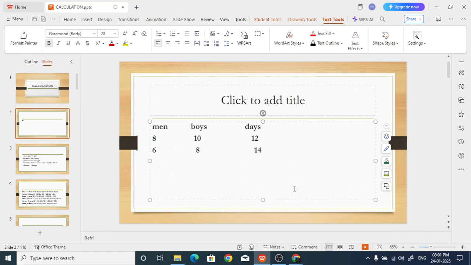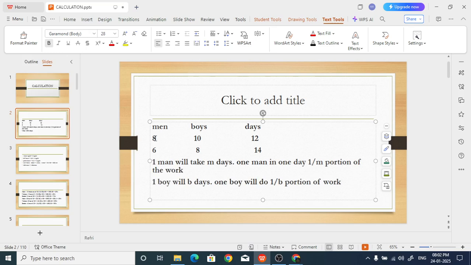Then 8 men will do 8 by m, so 8 by m plus 8 by b, I think I have to put a bracket.